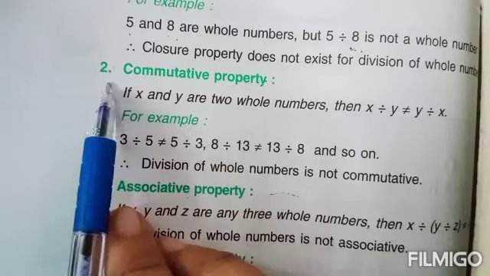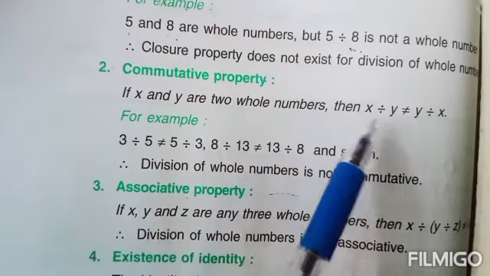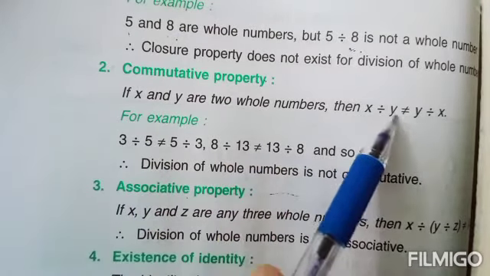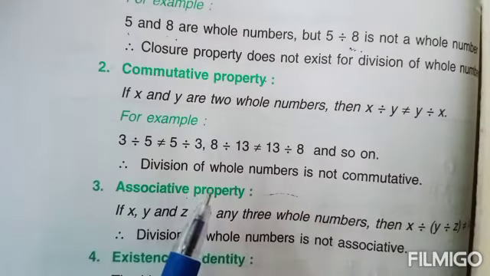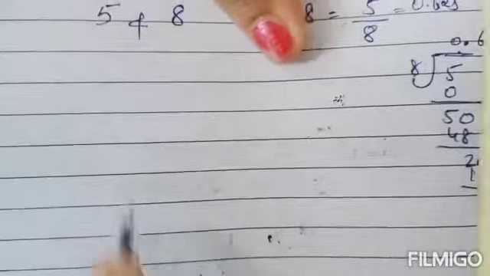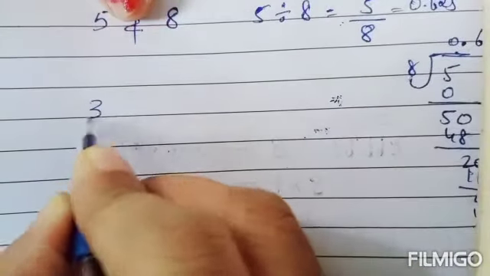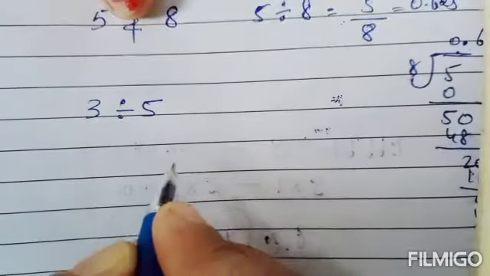Now second property, commutative property. If x and y are two whole numbers, then x division y is not equal to y division x. So in case of division of whole numbers, it is not commutative. Let us take one example. 3 division 5.